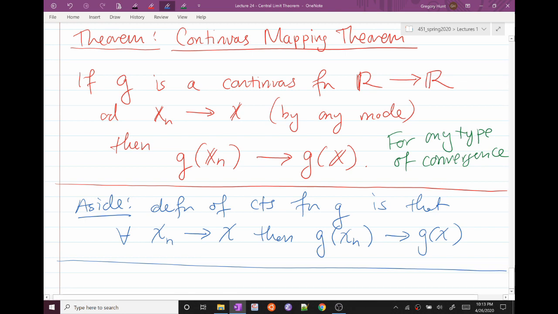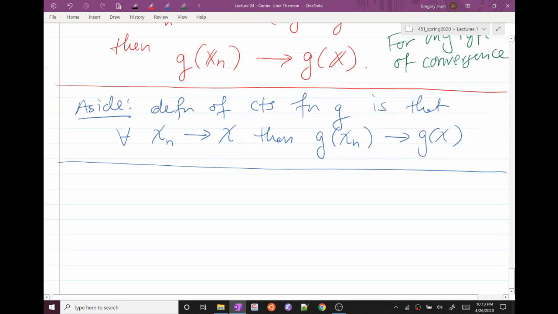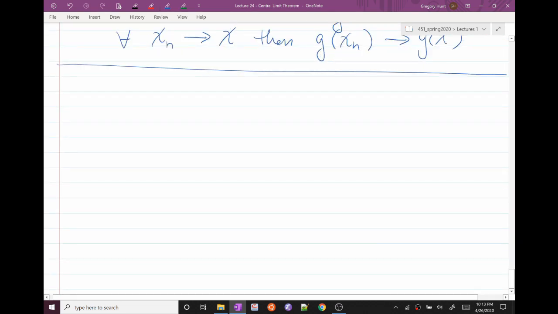Okay. So, for the last part of this lecture, I want to talk about means. And we're going to close out with the central limit theorem. The central limit theorem talks about means.